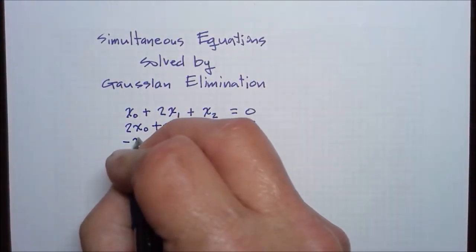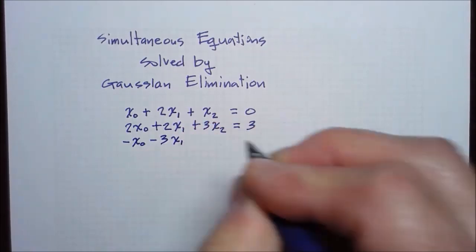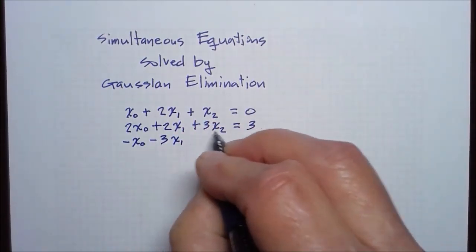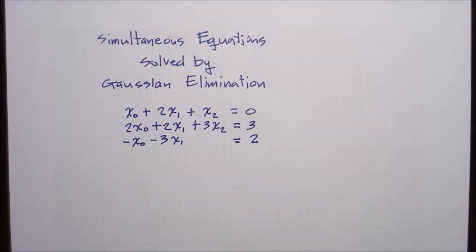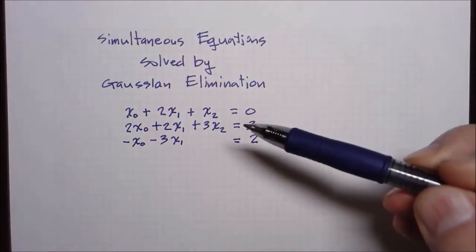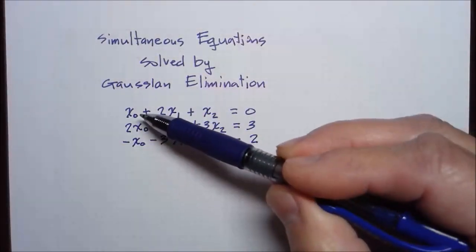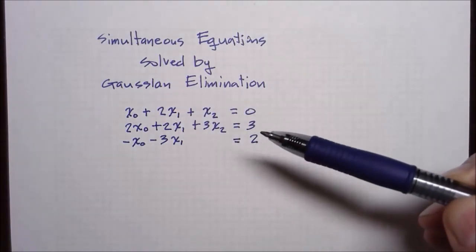Then minus x0 minus 3x1 plus 0 times x2 is equal to 2 is the third equation. So we have a set of equations, three unknowns, x0, x1, x2, and three equations.